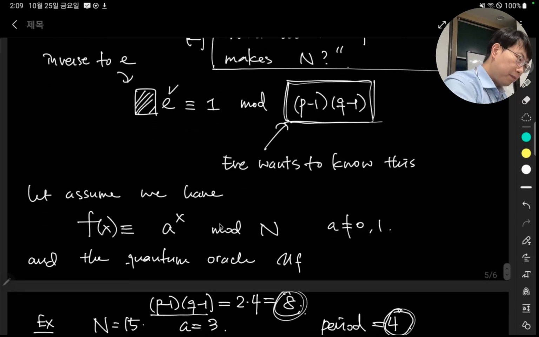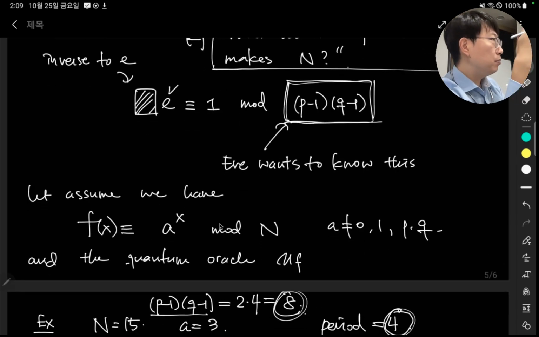Okay. So a shouldn't be p or q. Here, you can choose any a except for these 4 possible numbers. You can pick a random a in practice because it's a really rare chance that your randomly picked number is one of these four numbers.